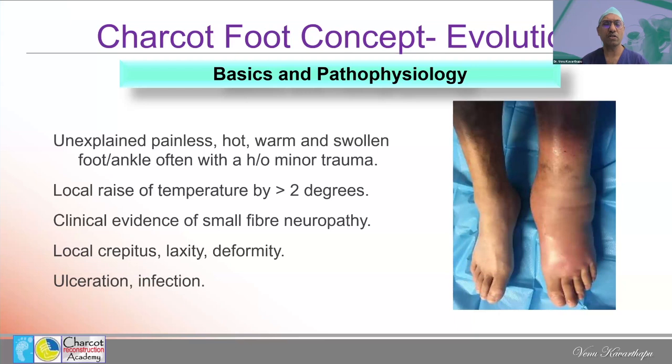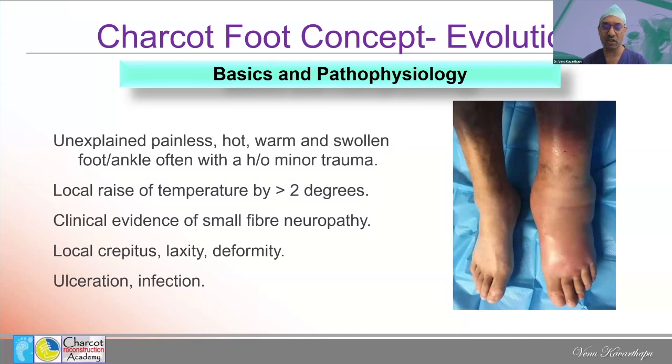This Charcot foot typically presents as an unexplained, painless, hot, swollen foot and ankle, often with a history of minor trauma, and the temperature difference is usually more than 2 degrees. If you examine these patients carefully, you always find evidence of small fiber neuropathy, but it can be a very profound sensory neuropathy too.